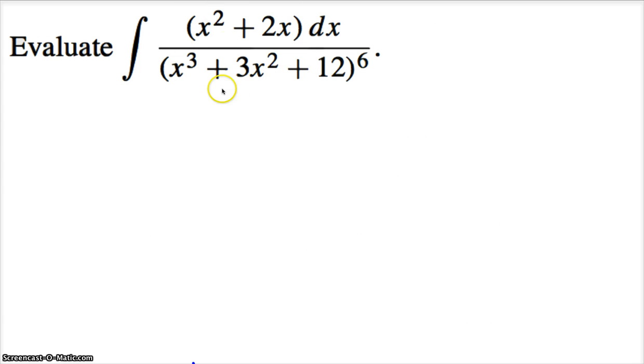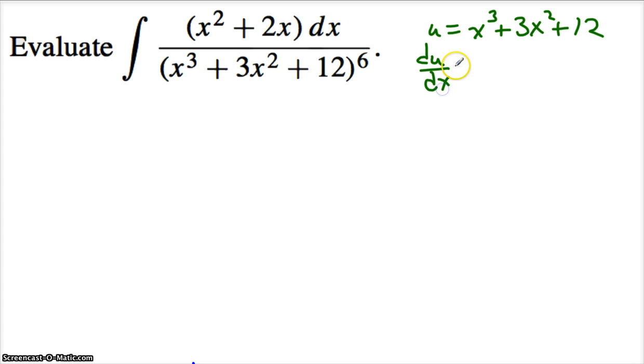In this example, we're going to let u equal the x cubed plus 3x squared plus 12. Now when we differentiate with respect to x, we get du over dx is equal to 3x squared plus 6x.